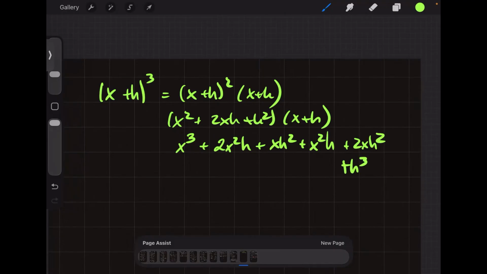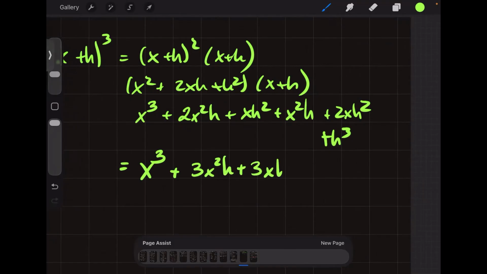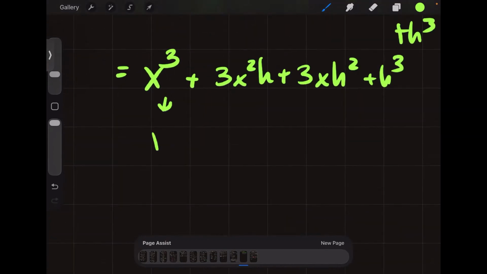You guys notice there's only one term with x by itself, no h, and only one term where it's x squared and a single h, once we combine everything. Because this is going to equal x cubed plus 3x squared h plus 3xh squared plus h cubed. What you'll notice is x cubed is the same as x cubed h to the 0.